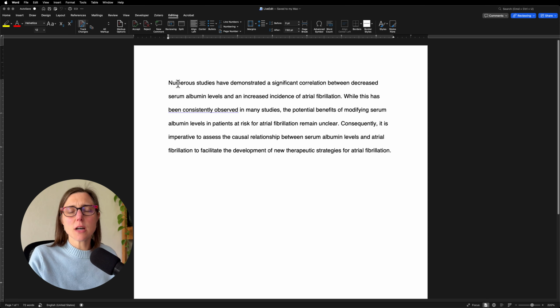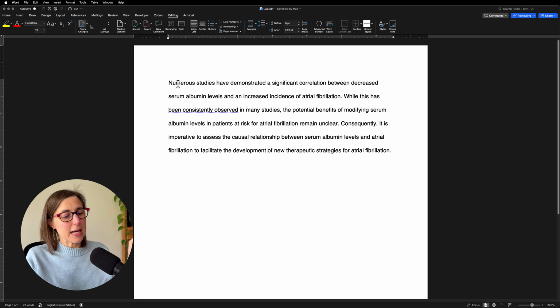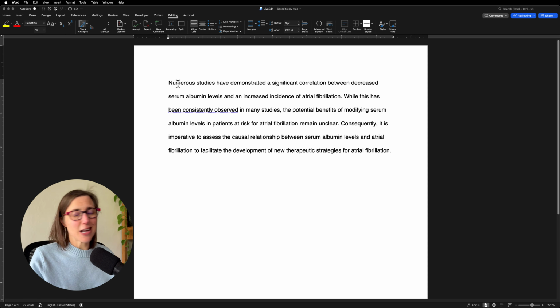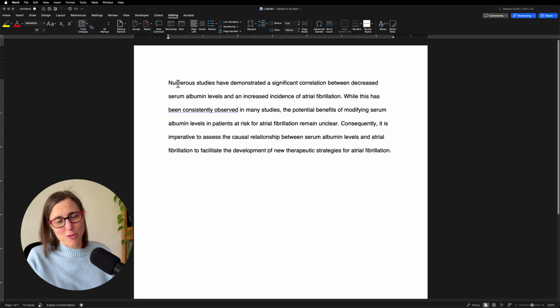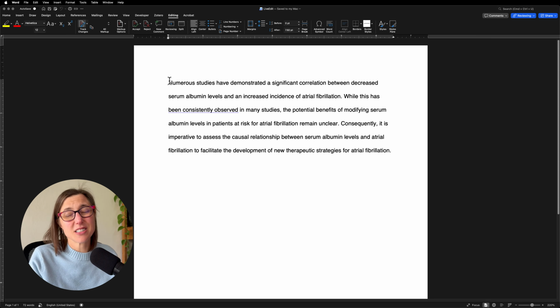So if we look at the topic of this sentence, it is talking about atrial fibrillation and the connection or relationship that it has with serum albumin. I almost said levels. I'm going to suggest a change there. I'm going to say concentration. We'll get to that in a minute. And so I want to add a topic sentence that just lets the reader know, hey, we're going to talk about this relationship a little bit.